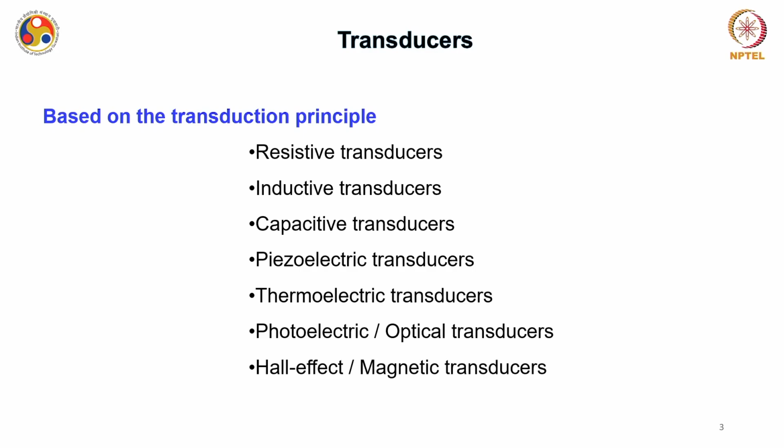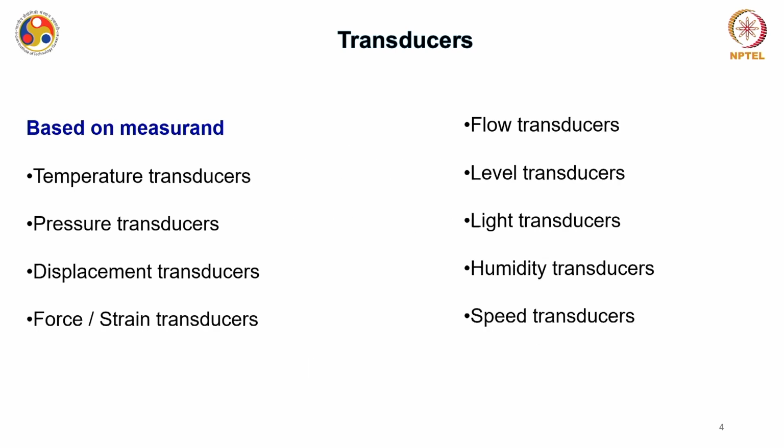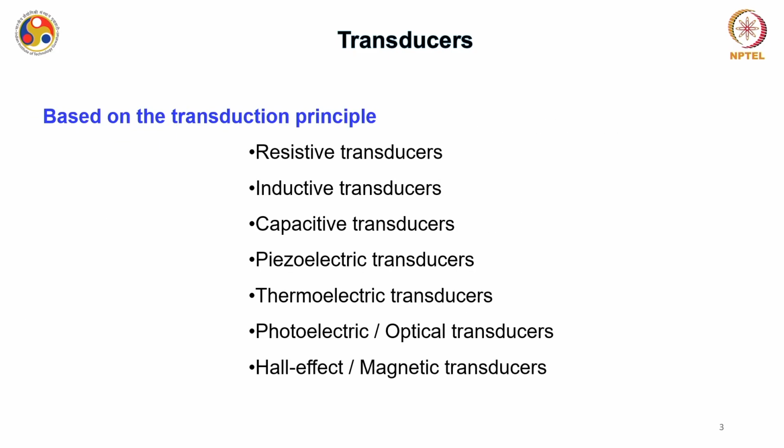Please note that whatever we have seen for the transducers based on transduction can be extended here. What I mean to say is that for pressure monitoring, say pressure transducers, I can have resistive transducers working as a pressure transducer. I may have a capacitive transducer working as a pressure transducer. I may have a piezoelectric transducer or thermoelectric transducer working as a pressure transducer.